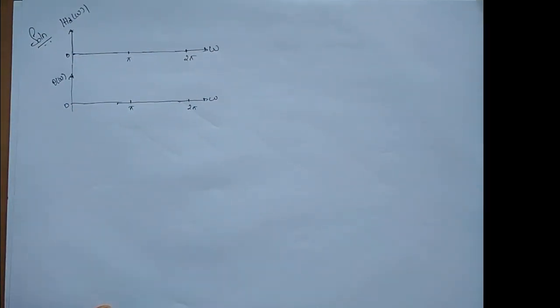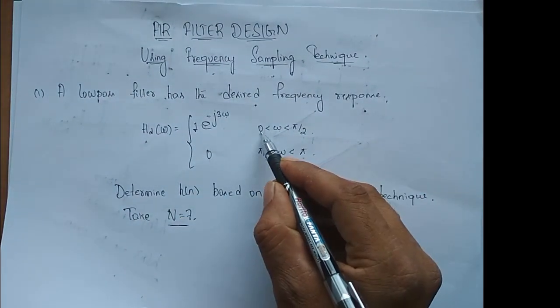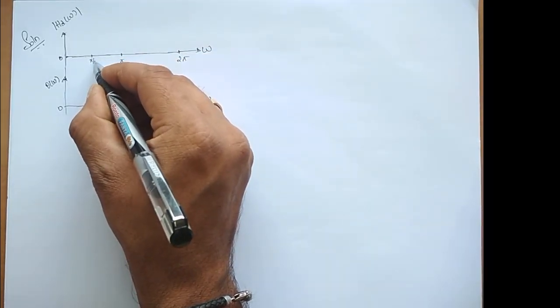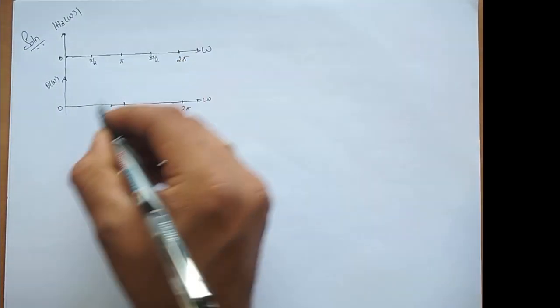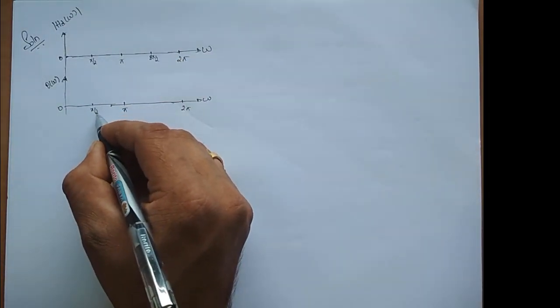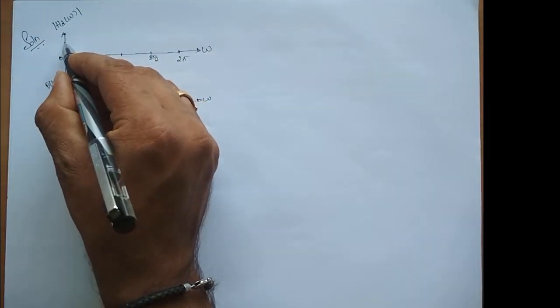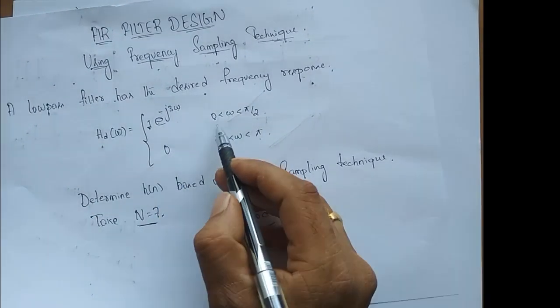Magnitude is 1 from where to where? 0 to pi by 2, right? So this is pi by 2, and this is 3 pi by 2. Similarly, this is pi by 2 and this is 3 times pi by 2. So from 0 to pi by 2 it is 1. Magnitude is 1 from 0 to pi by 2 and equals 0 from pi by 2 to pi.